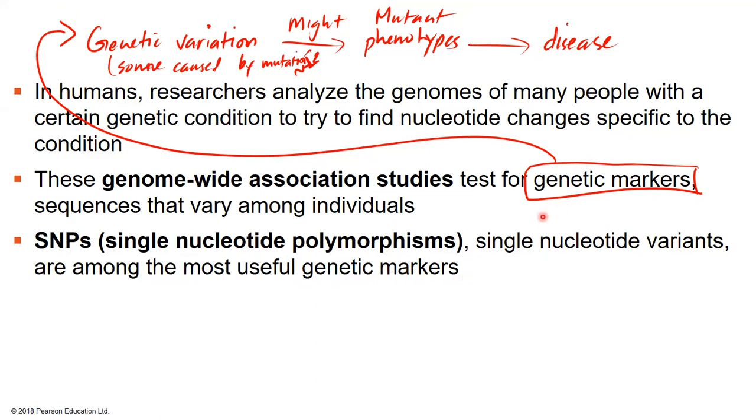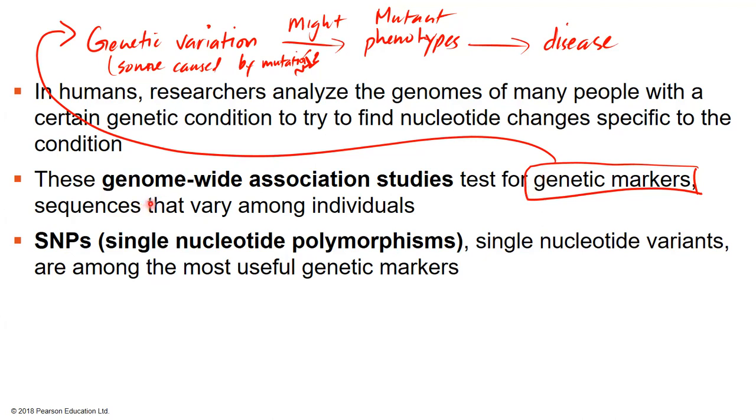Genetic markers means these are genetic variations that could be used because they are different in different individuals. They could be used to detect certain medical conditions or certain diseases in humans.